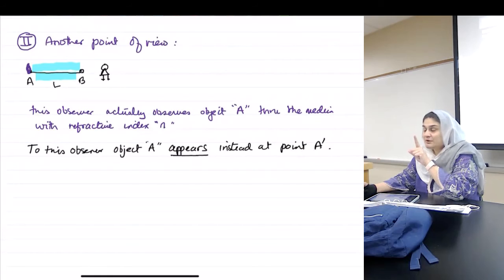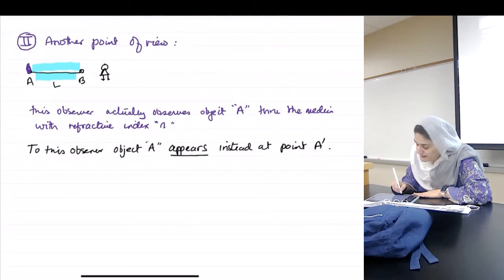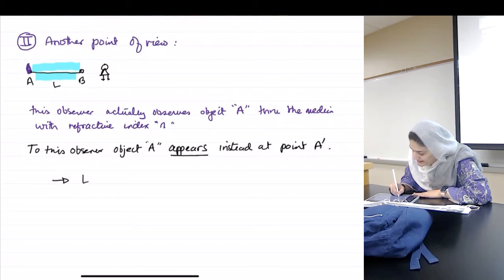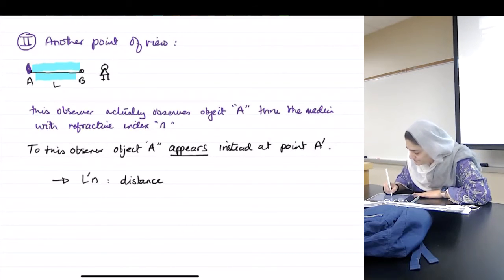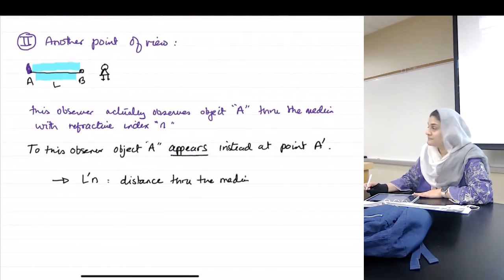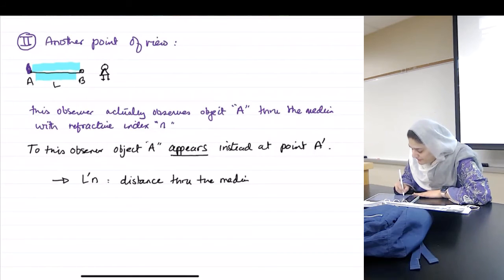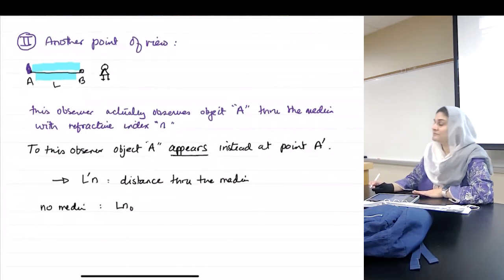That means, according to that observer, that point appears at, say, L prime n distance through the medium. Whereas originally, when there was no medium, the distance was Ln0.